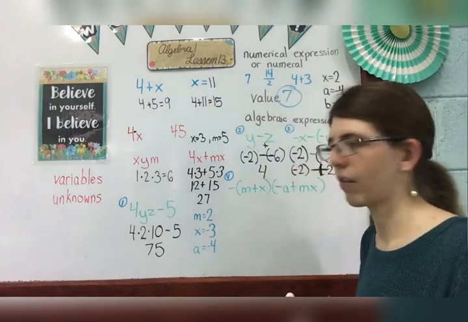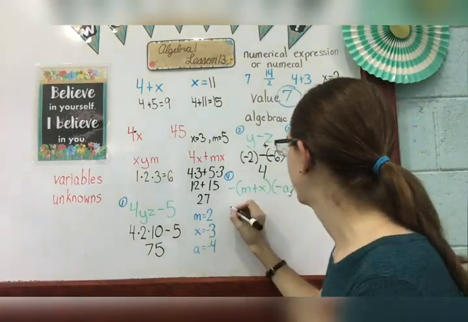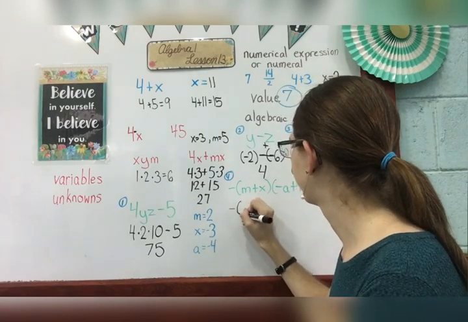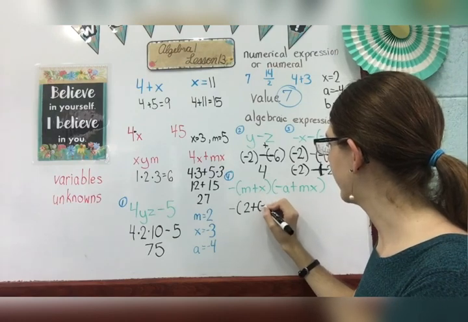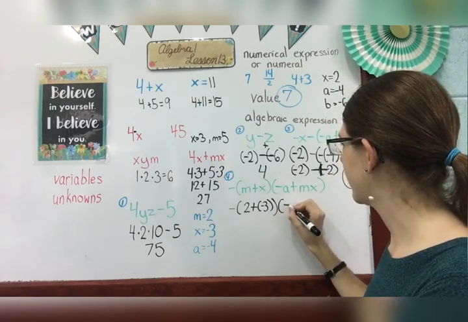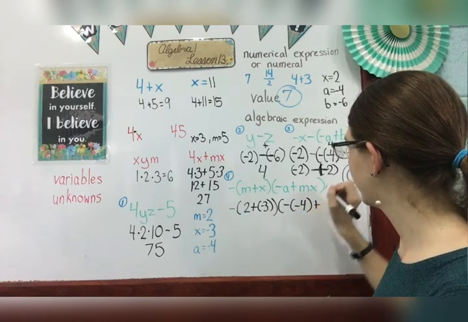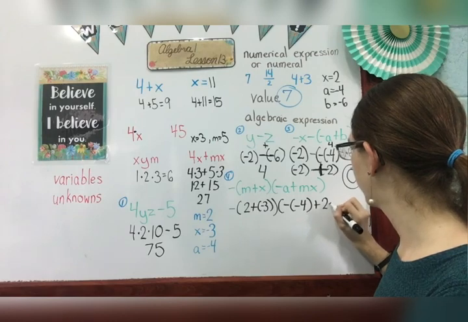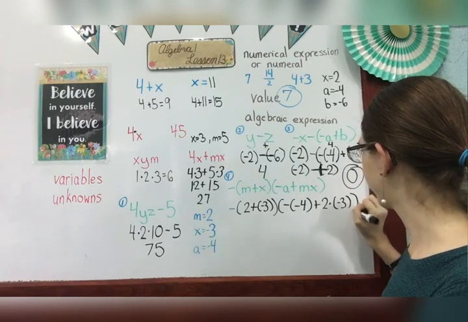Okay? Now I'm going to plug and play. Here we go. So I have a negative 2 plus negative 3 times negative 4 plus 2 times negative 3.